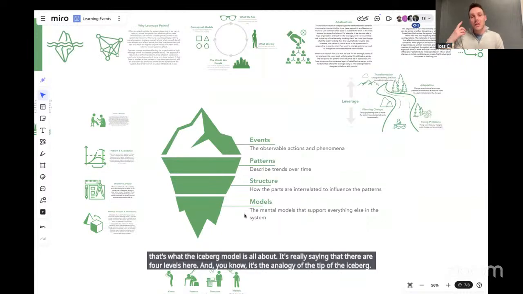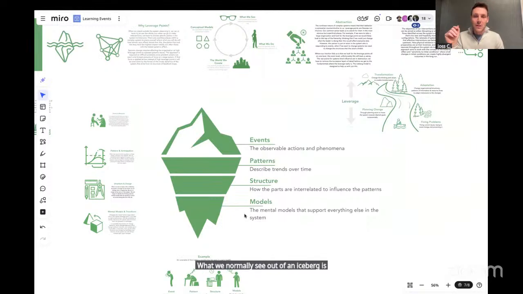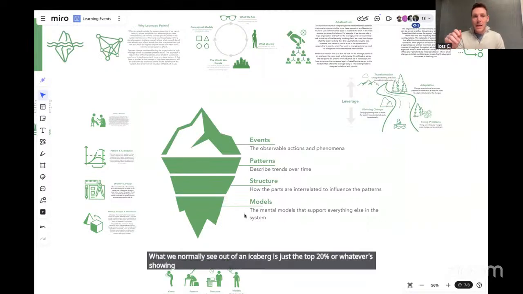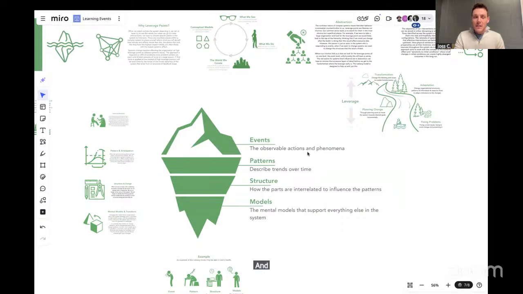What we normally see of an iceberg is just the top 20% or whatever's showing above the water. And actually, there's another 80% going on beneath the water that we don't see. And that's where the system structure, the patterns and the mental models are.